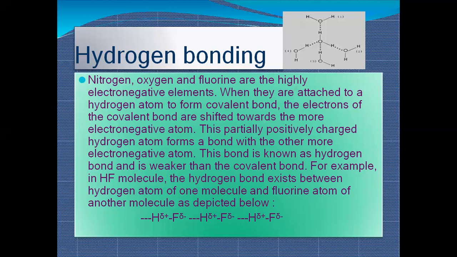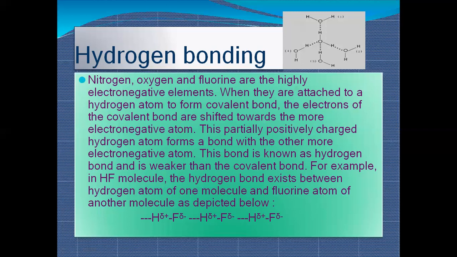Because we know that a covalent bond forms when an element donates its electron, but a hydrogen bond forms because of the charge which develops because of the electron shifting towards the electronegative atom. At that time, the electronegative atom will attract the hydrogen atom, the positive atom, towards itself, and together they form a weak bond. That weak bond is known as hydrogen bonding.